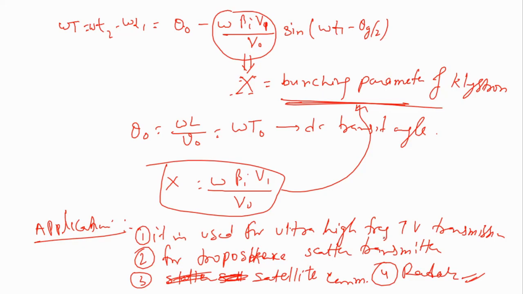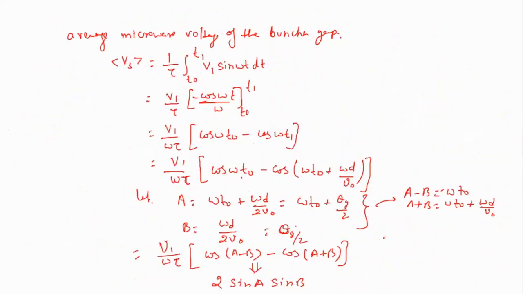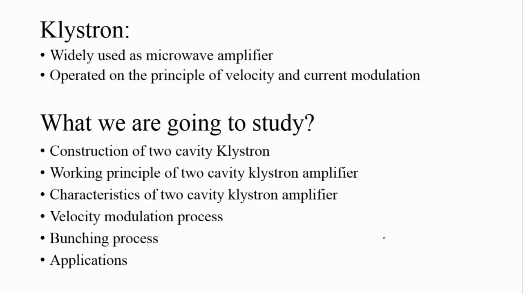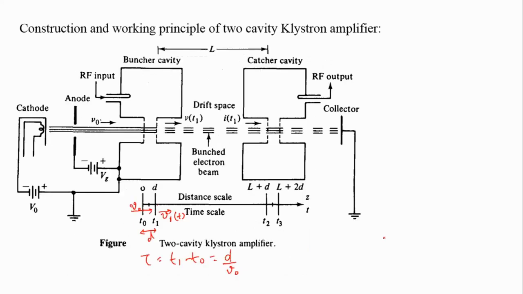Now to summarize this lecture, going from the first slide, we have seen the klystron can be widely used as a microwave amplifier, and it is operated on the principle of velocity modulation and current modulation. We have seen how velocity modulation takes place and what elements are present in the klystron amplifier.